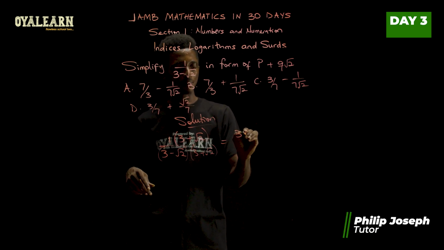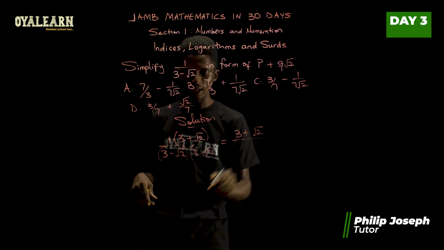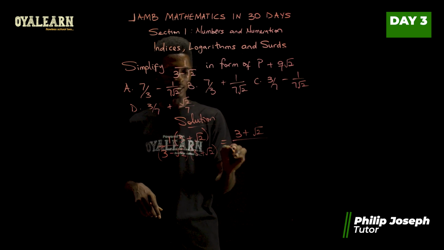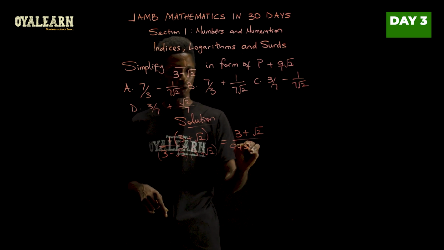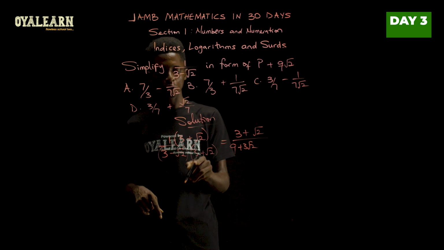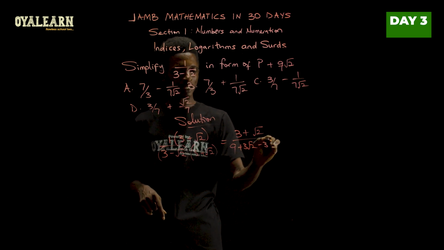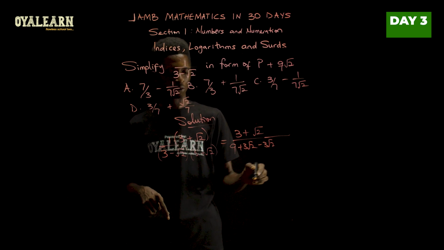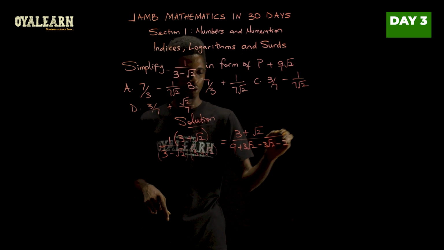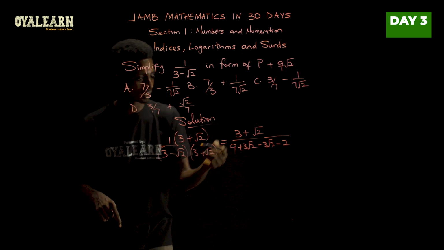So now we have 3 plus surd 2 over, now 3 times 3, that's 9. 3 times surd 2, that's plus 3 surd 2. Minus surd 2 times 3 will give us minus 3 surd 2. And then minus surd 2 times plus surd 2 will give us minus 2. Now let's tidy that up.